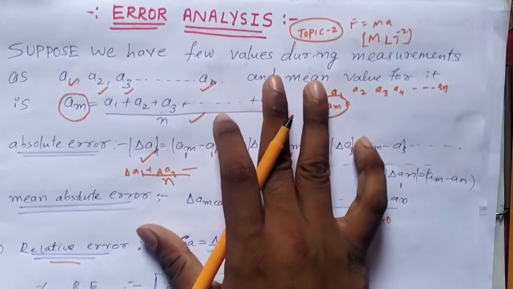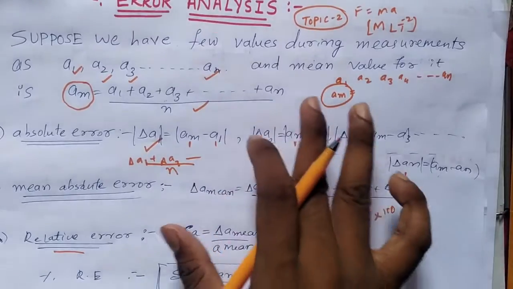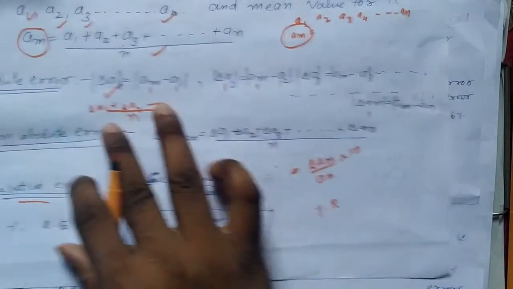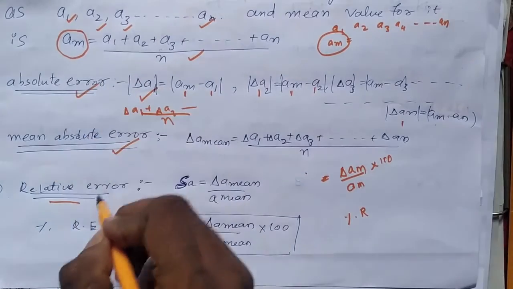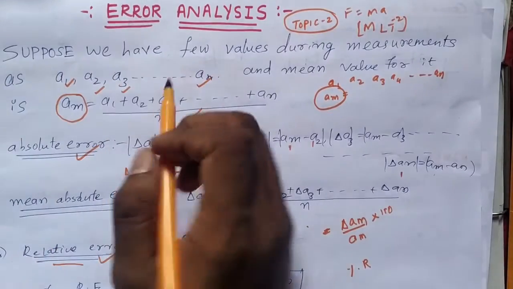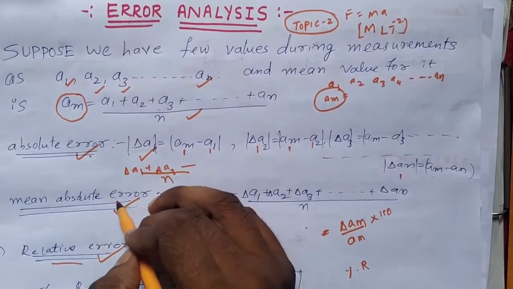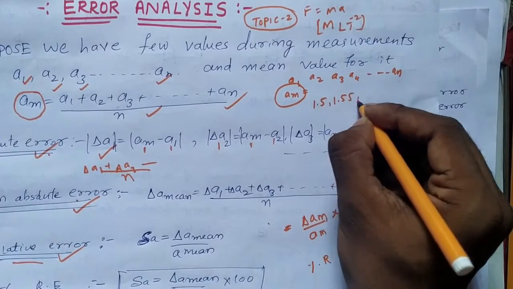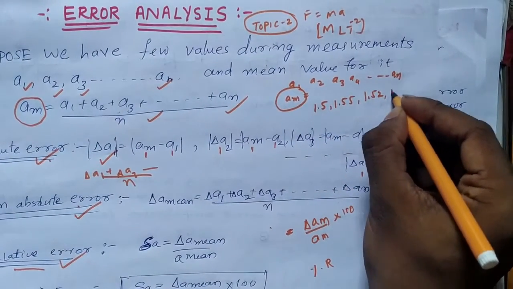Hope you have understood this. Please calculate absolute error, mean absolute error, relative error, and also the mean value for these values: 1.5, 1.55, 1.52, 1.53.